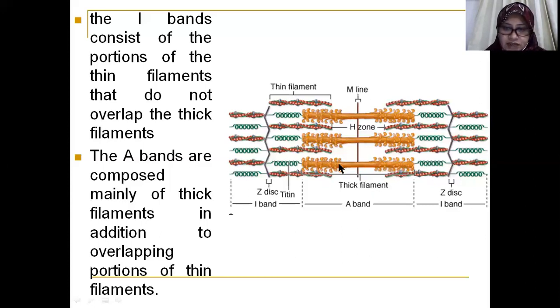These are thick filaments, that is myosin, and these are thin filaments that are actin. Here we can see the A-band is composed mainly of thick filaments, and peripherally they are overlapped by thin filaments, and the I-band is only composed of thin filaments.